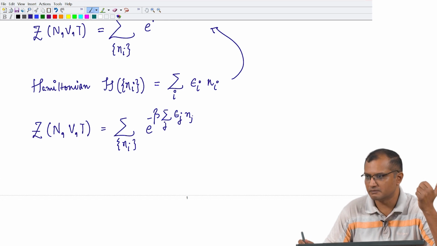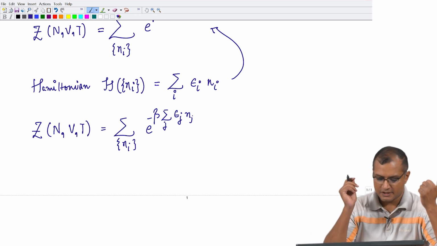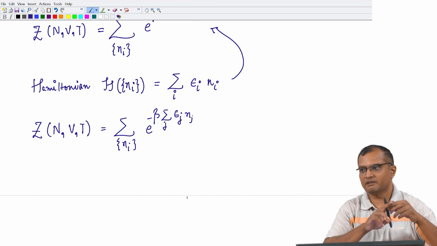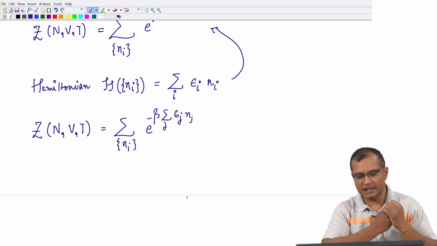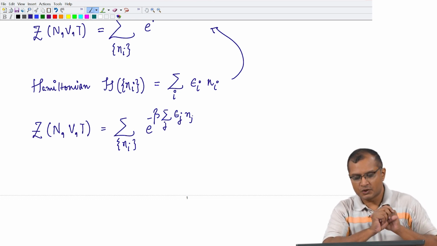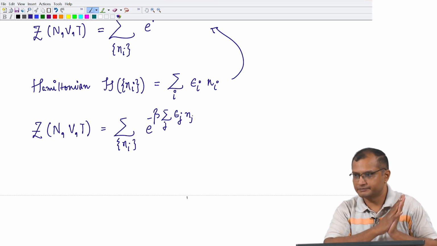J is just a label. Suppose I choose a microstate with n1 equal to 2, n2 equal to 3, then for that microstate you compute the Boltzmann factor.